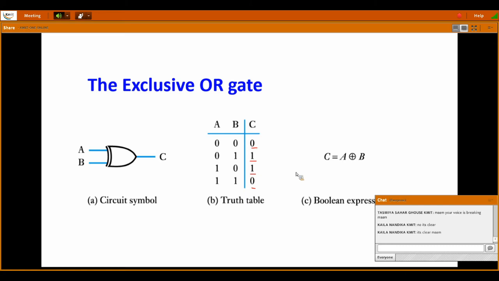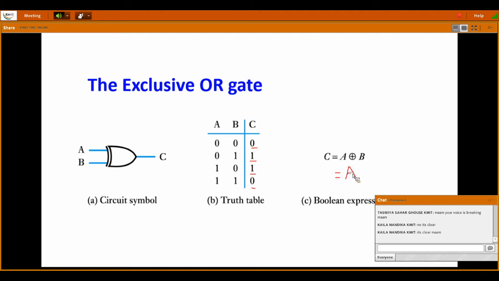The expression will be C is equal to A plus, rounded by a circle, B. This is nothing but A exclusive OR B, or you can also call it XOR gate. Simply XOR gate. And this equation can also be written as A bar B plus A B bar.